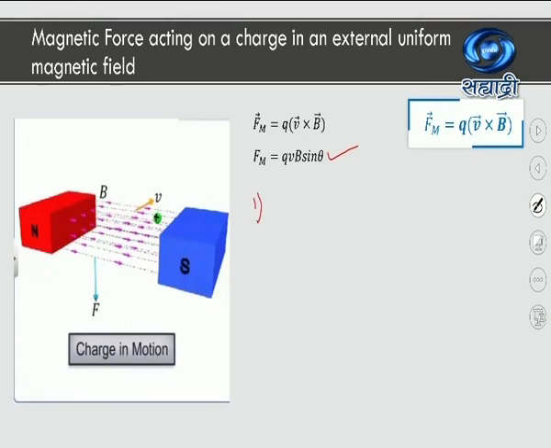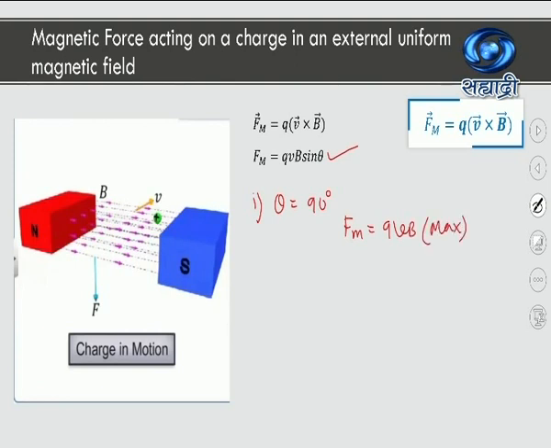In my first case, if theta is equal to 90 degrees, that means velocity is perpendicular to the magnetic field, then the magnetic force Fm is equal to qvB, and it is maximum.